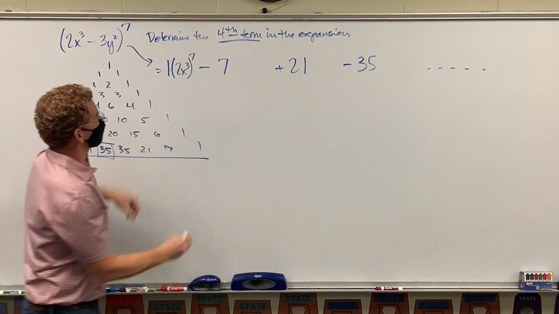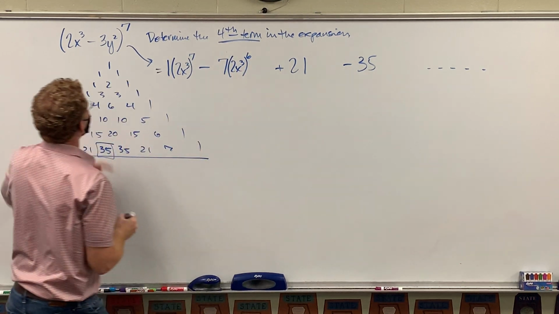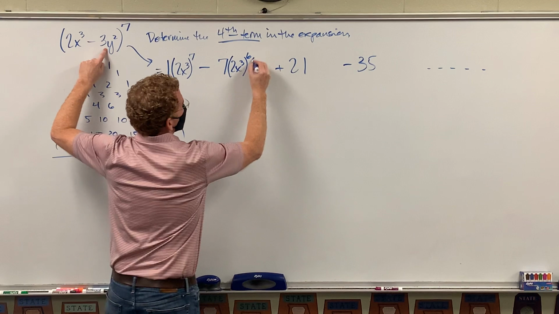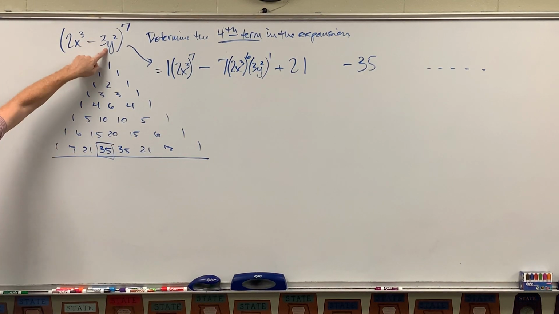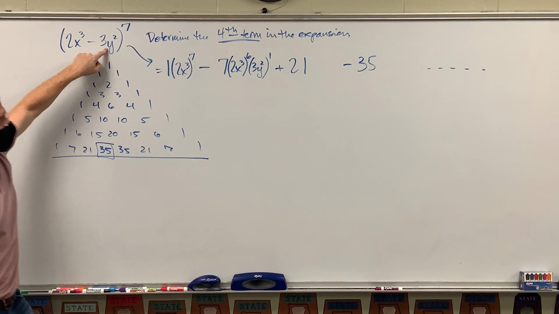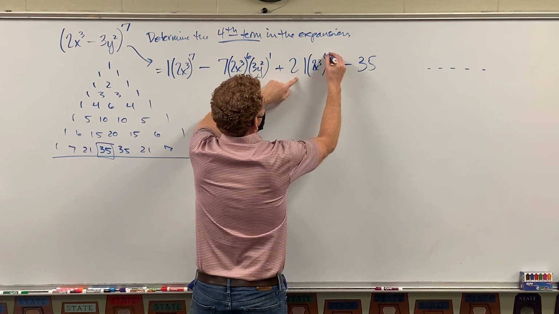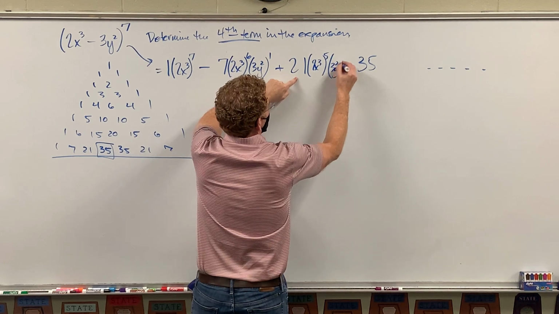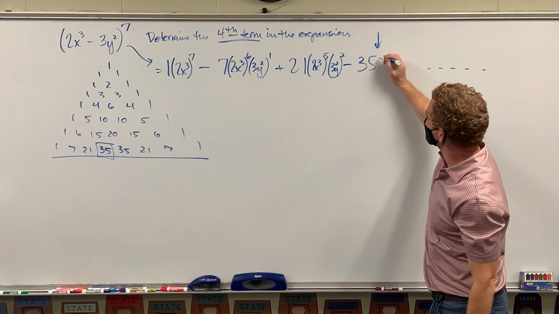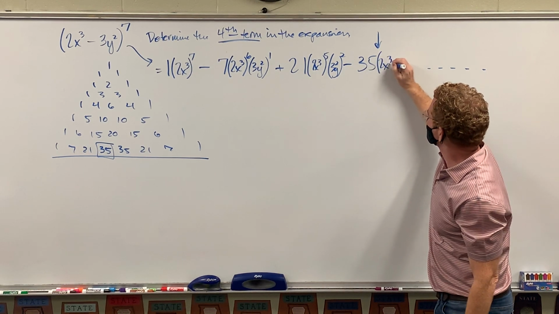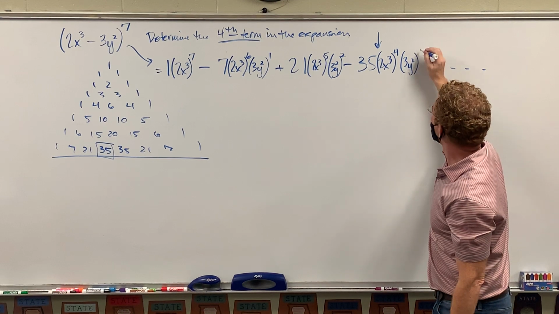Now, the next term would have this to the 6th, and that to the 1st. Right? The next term would have this to the 5th, and that to the 2nd. And then the term that I really want, this 4th term, would have this to the 4th, and that cubed.